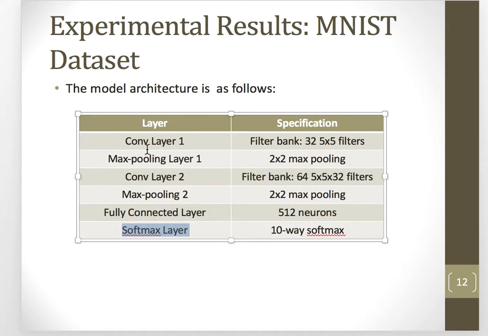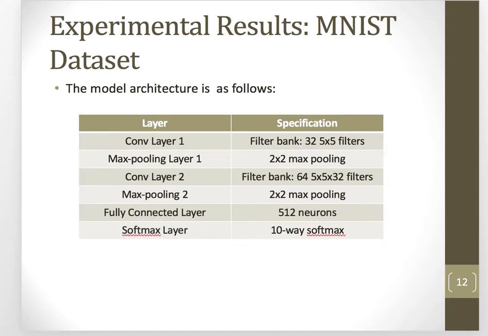In the convolutional layers, which are the computationally demanding part, we have the AddNET, and in the fully connected and softmax layers, we use just ordinary multiplication operations.